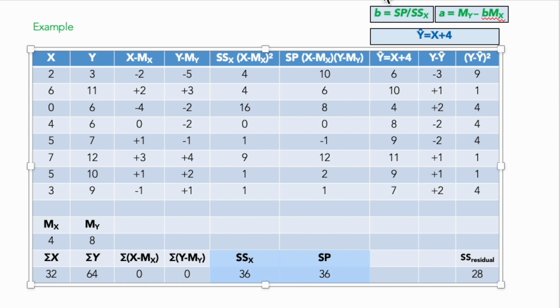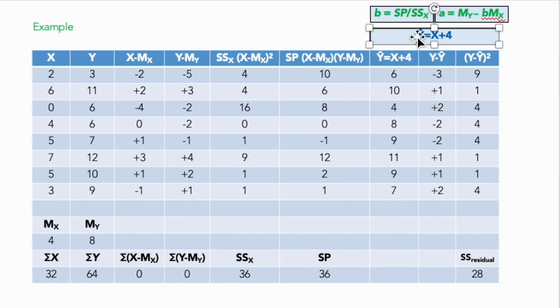Once you calculate b, using the b value here, you can calculate a, and then once you substitute b and a into the equation y equals bx plus a, you get the equation for this analysis, that is y hat equals x plus 4.